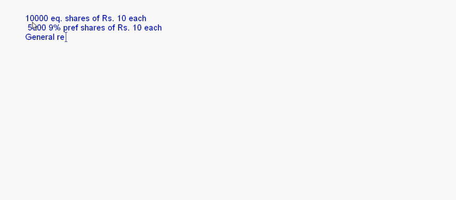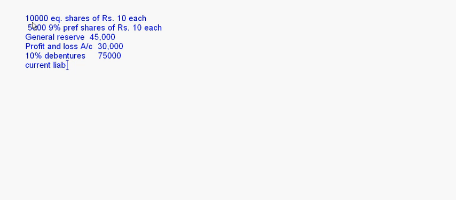Then we have general reserve 45,000, profit and loss account 30,000, 10% debentures given as 75,000, current liabilities given as 50,000, and preliminary expenses given as 10,000. You have to calculate the debt equity ratio, right?